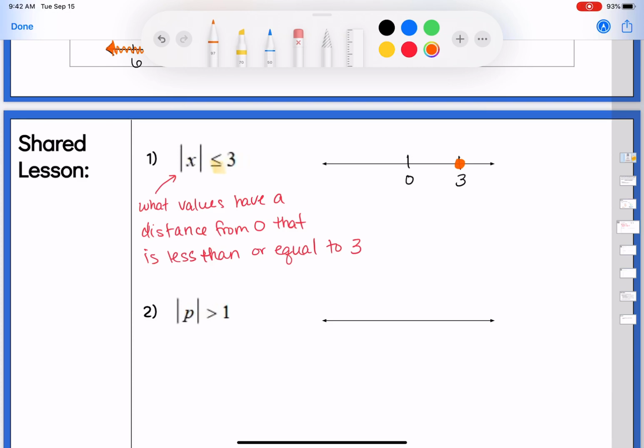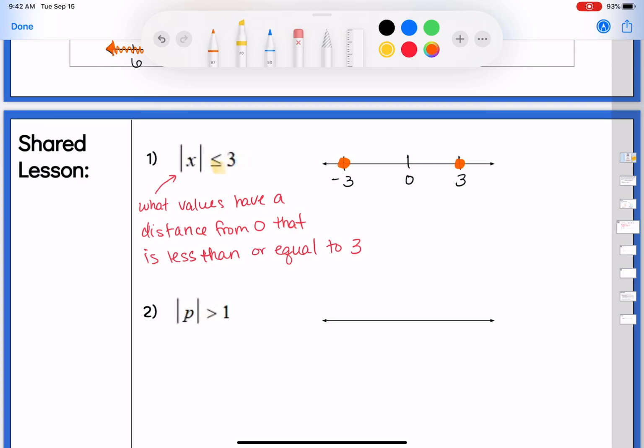So this point, 3, would be exactly 3 units away from 0. And also, I could go in the other direction, right? If I had a point over here at -3, this point is also exactly 3 units away from 0. But now I'm not just talking about equal, right?